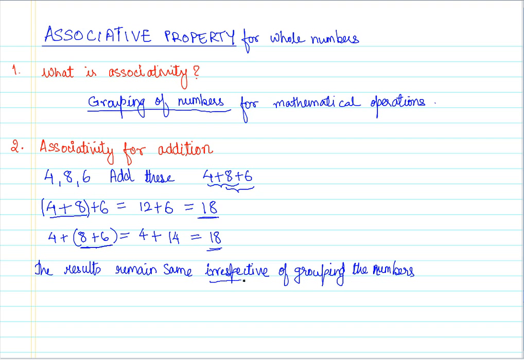Now this is very important, irrespective of grouping the numbers for addition. This is what we have. Hence, we conclude that addition is associative for whole numbers.